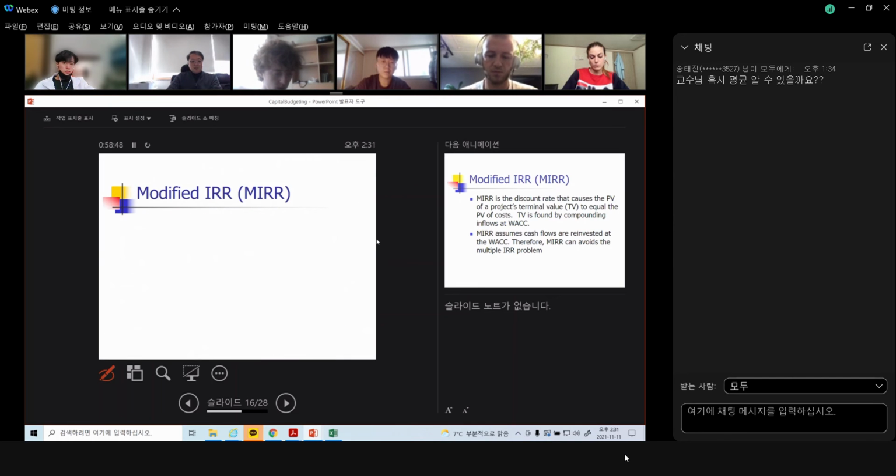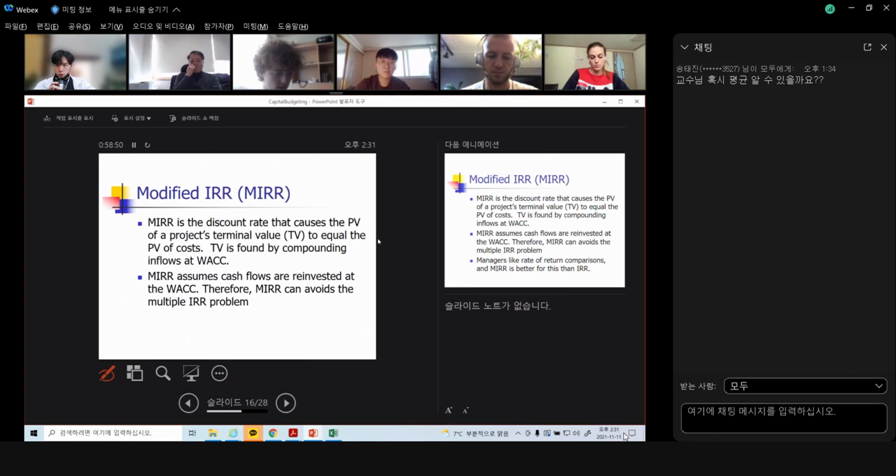Then here's the example. What is the MIRR, modified internal rate of return? MIRR is the discount rate that equates the present value of the project's terminal value to the present value of cost.